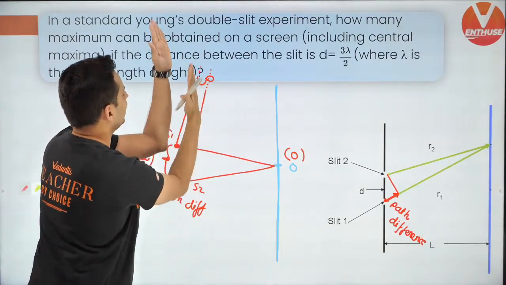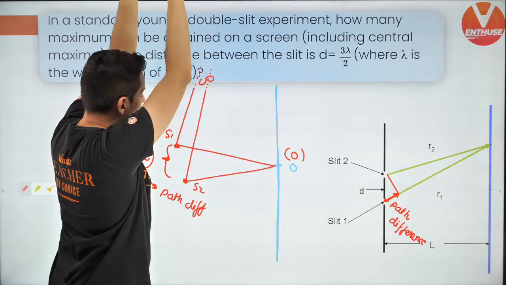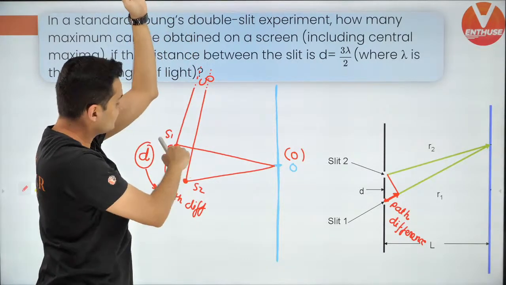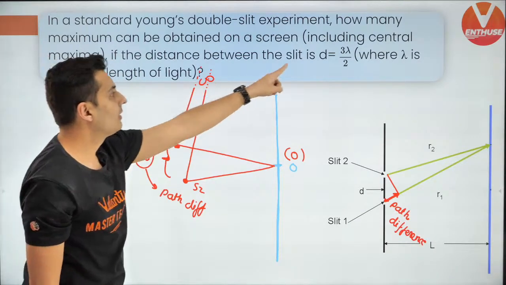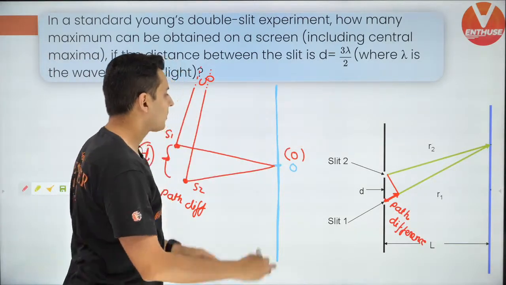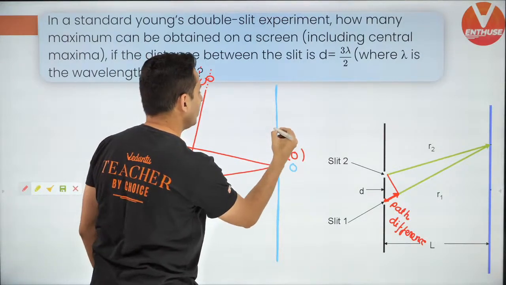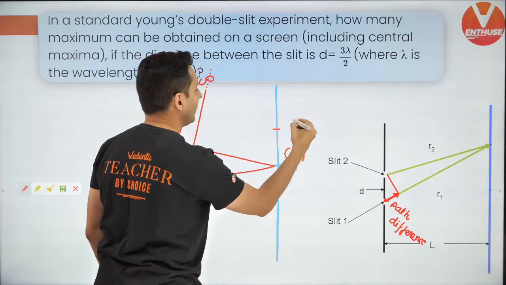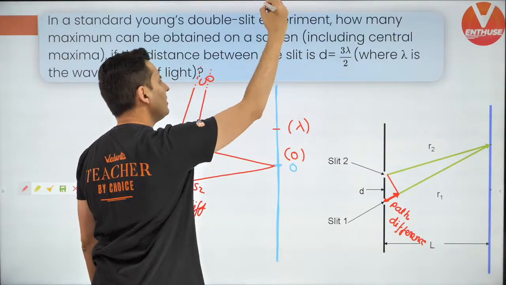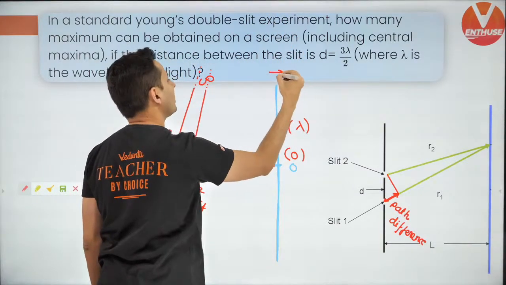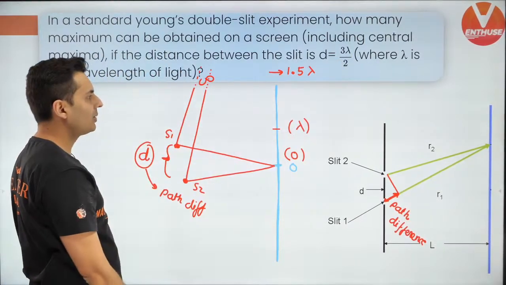Because they are almost going parallel at infinity, when the rays meet at infinity on the edge of the screen, the path difference will be this difference itself. So what is this distance given? 3 lambda by 2. That means as you keep moving away, you are going to see a point where the path difference is going to be lambda, and in the end almost tending towards 1.5 lambda, which is 3 lambda by 2.